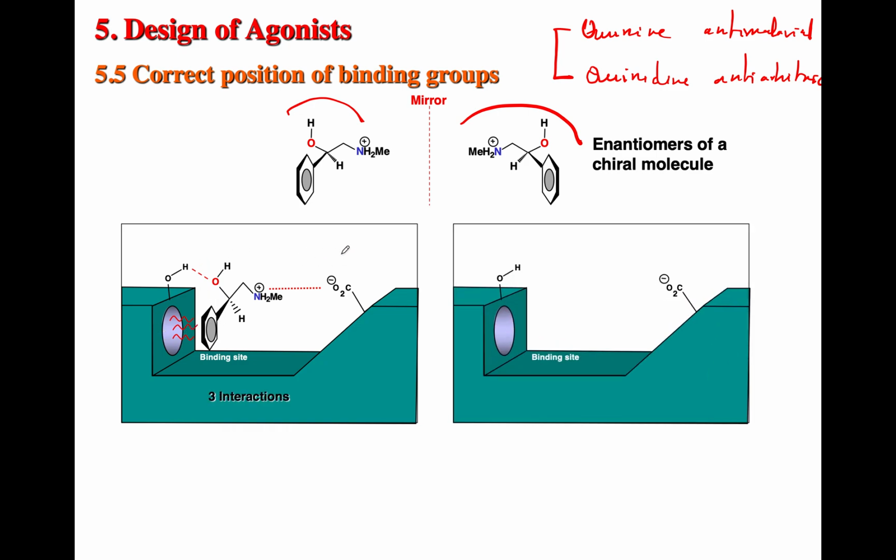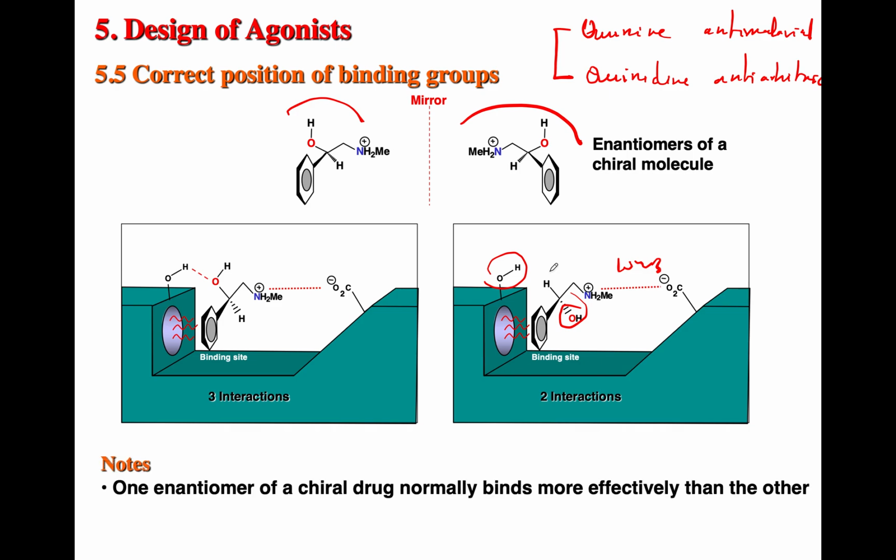Now, when it comes to the enantiomer, it can certainly engage in the van der Waals interactions. It can certainly engage in the ionic interaction, but it is not able to engage in the hydrogen bonding interactions here. So the correct position of the binding group is essential for activity. Two enantiomers can have different biological properties.